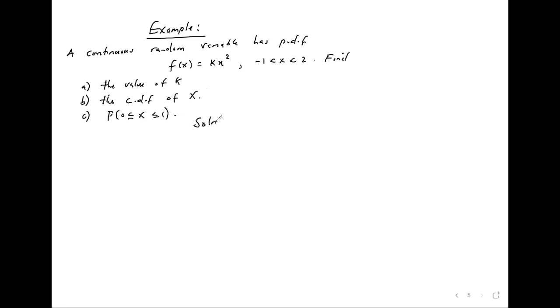So we start with the value of k. If you integrate f(x) dx over all x, we expect to get 1. So for A, we integrate from -1 to 2 of kx² dx and equate it to 1.